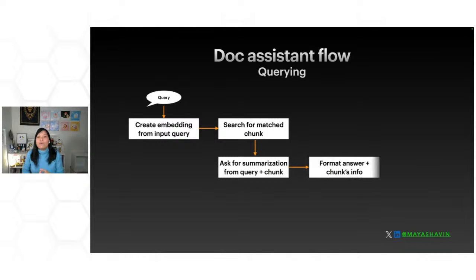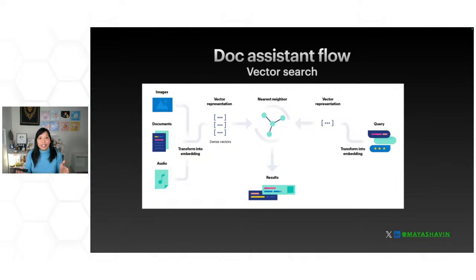Then when we receive the answer from GPT, we format the answer, whatever we need to format, in order to return it to the client side. This is the query flow. Pretty straightforward, right?